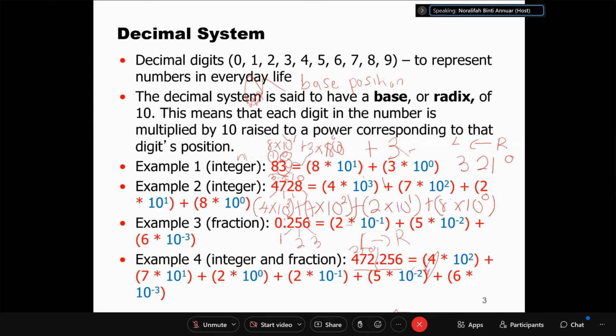If they are fractions, the positions are 1, 2, 3. Then you calculate 4 times 10 to the power of 2, plus 7 times 10 to the power of 1, plus 2 multiplied by 10 to the power of 0. Then plus .256, so 2 multiplied by 10 to the power of negative 1 is the fraction, plus 5 multiplied by 10 to the power of negative 2 and 6 multiplied by 10 to the power of negative 3. Okay?